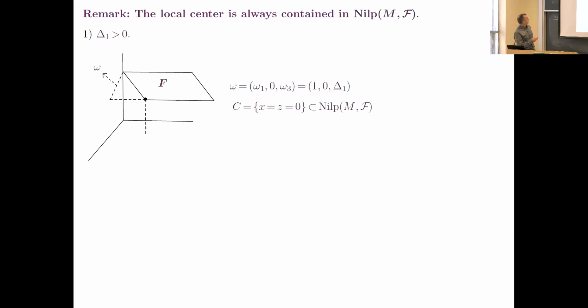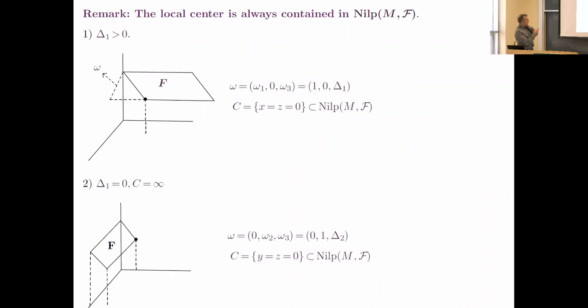Okay, so of course, the case where the center is a point is true because we are looking at nilpotent points, but there are two situations where the centers are curves, and this corresponds precisely to these two configurations of the main face.